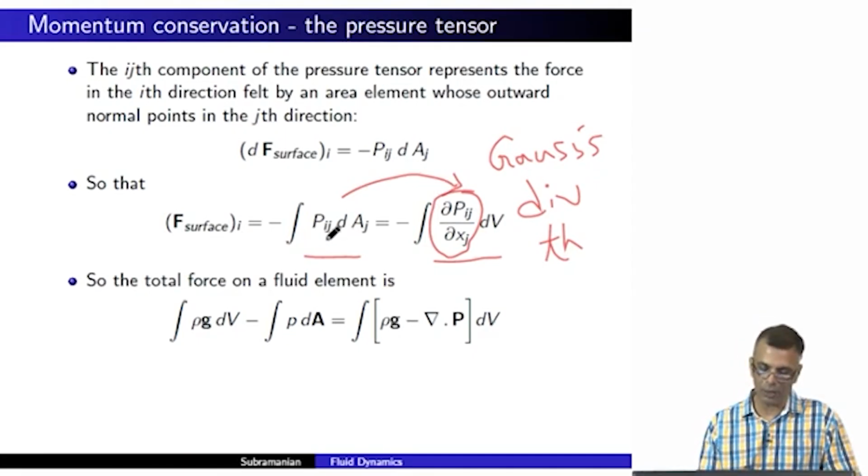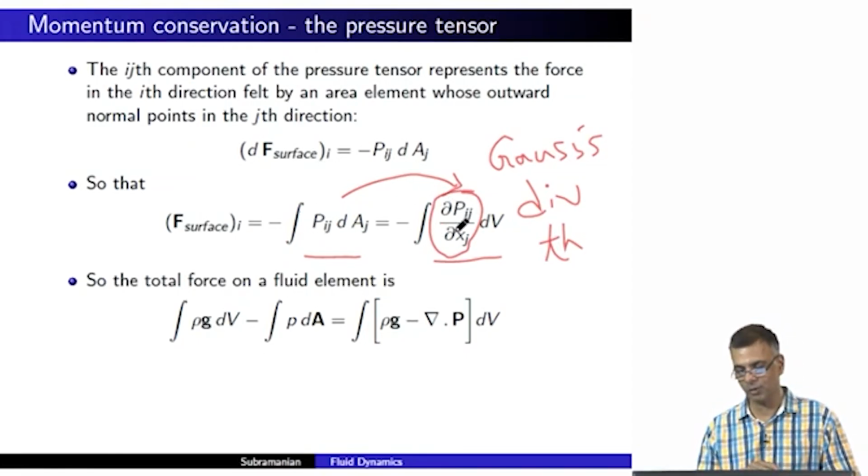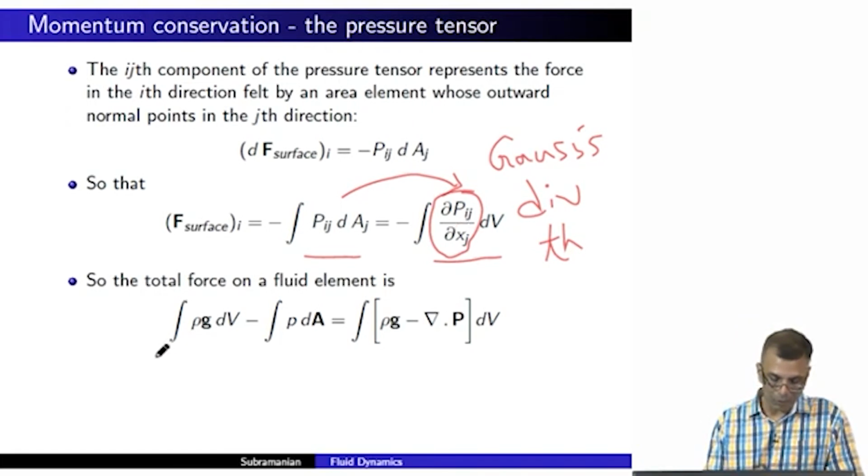You went from an area integral to volume integral, and in doing so you would encounter a divergence, and this is just that. So this is just an application of the Gauss's divergence theorem, right? So the total force on a fluid element would be a body force and surface forces.